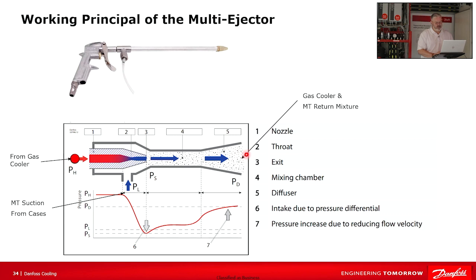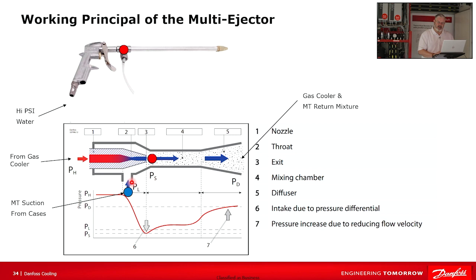So if we travel through the ejector again, we go from the gas cooler inlet. That's our high pressure water going into the wand of the pressure washer. Then we bring in the medium temp suction from the cases, which we haven't explained yet, but we're going to. Just trust me for the moment.